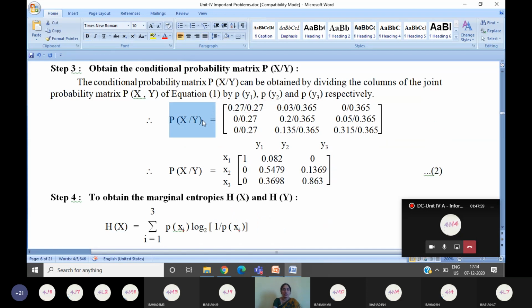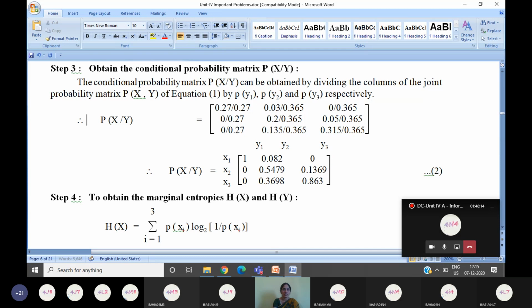P of x by y is equal to P of xy divided by P of y. So otherwise, I will write here, it will be more clear.